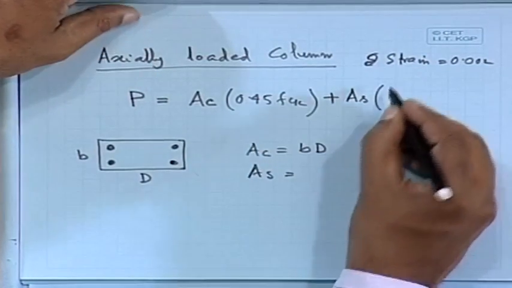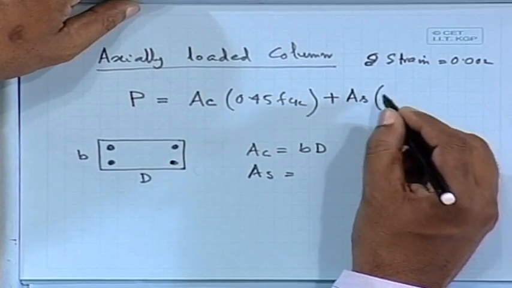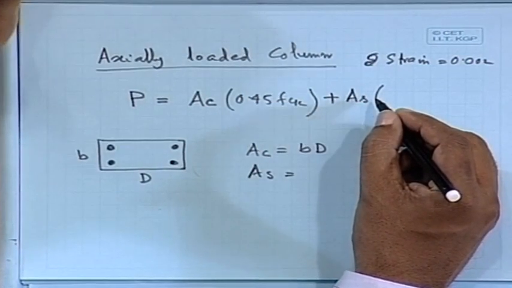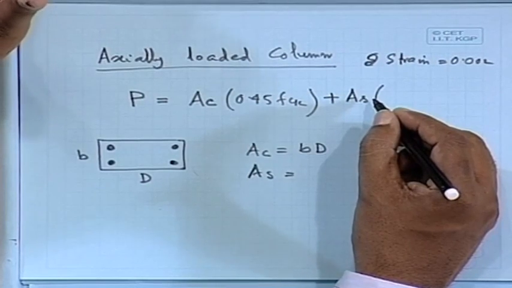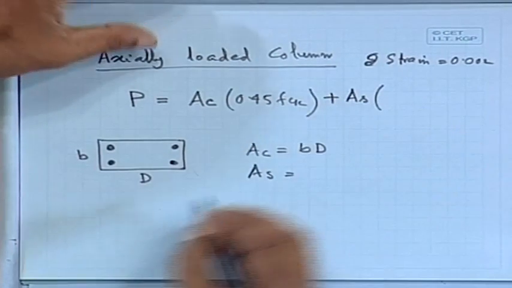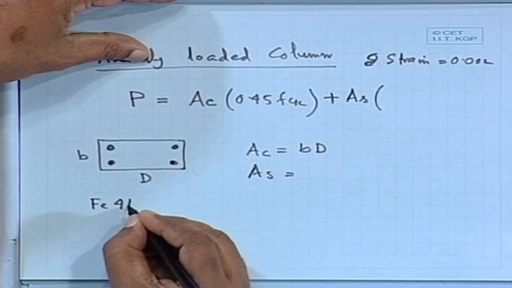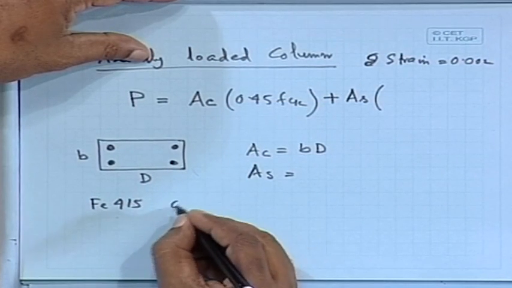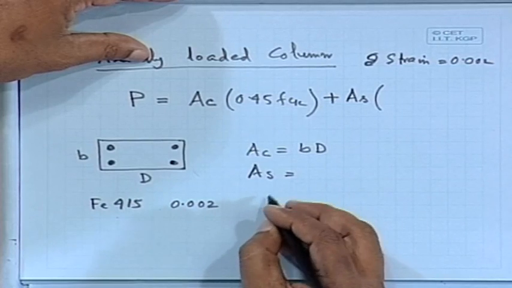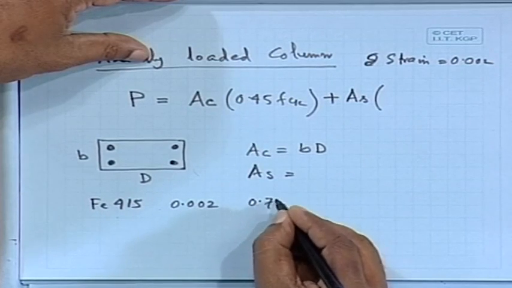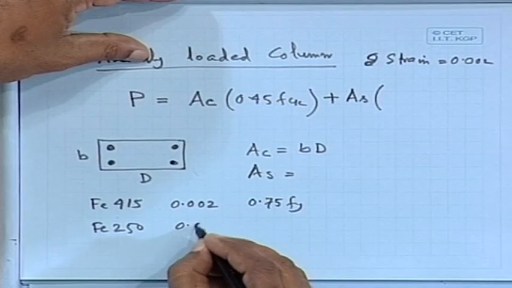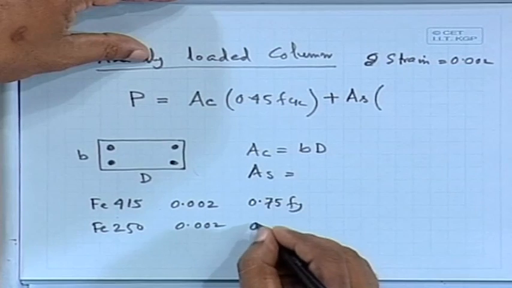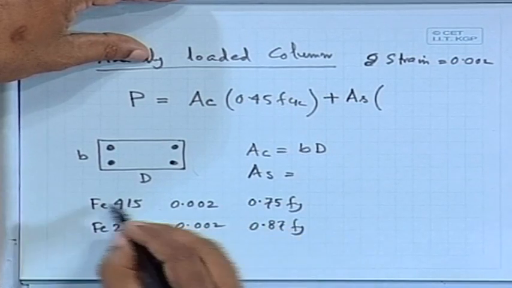This will be different for different steel grades. For Fe 415, the corresponding stress at 0.002 is 0.75 fy. For Fe 250, it is 0.87 fy.